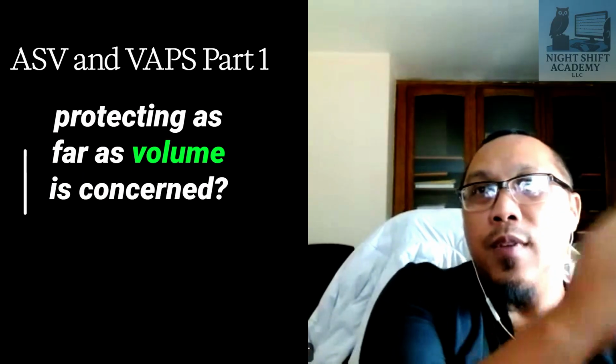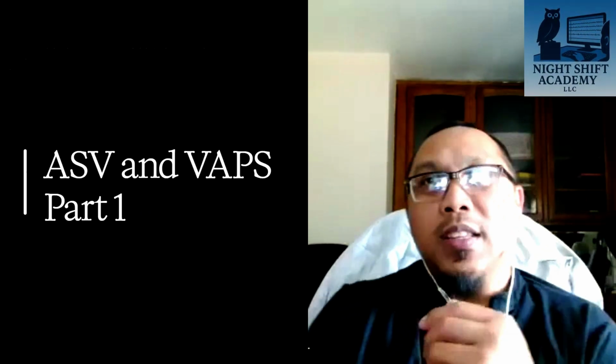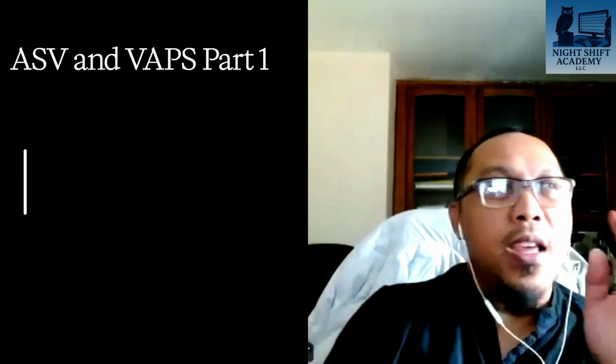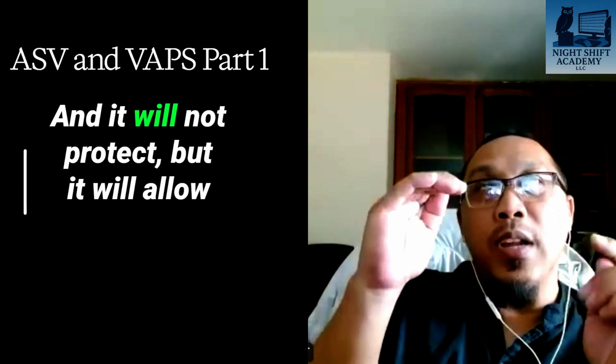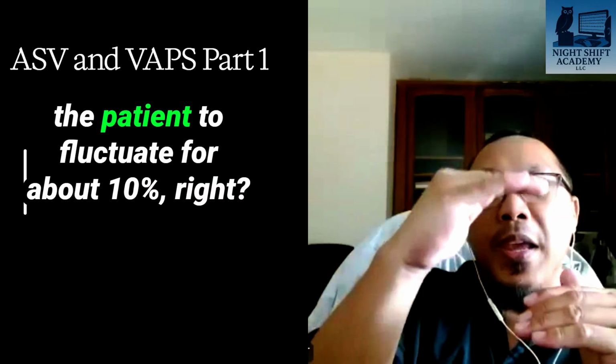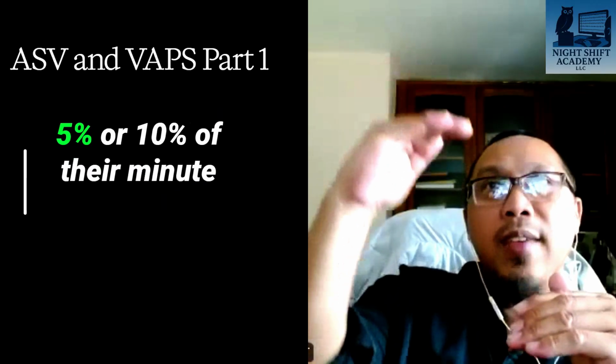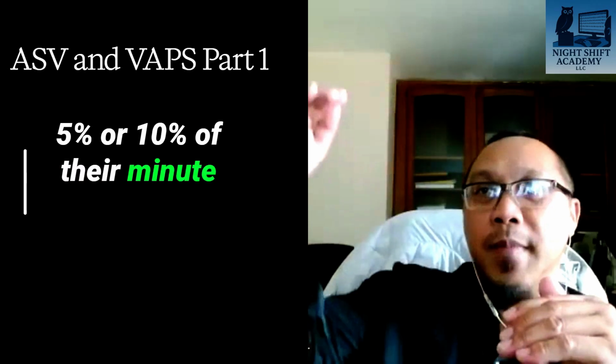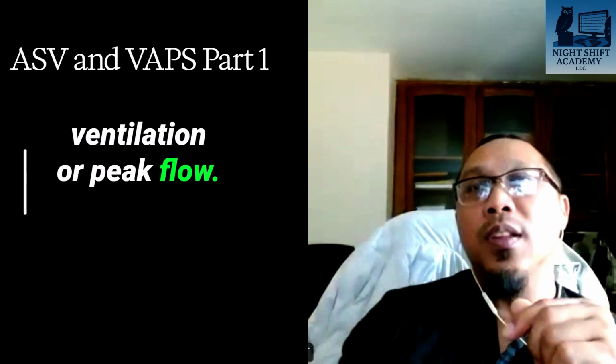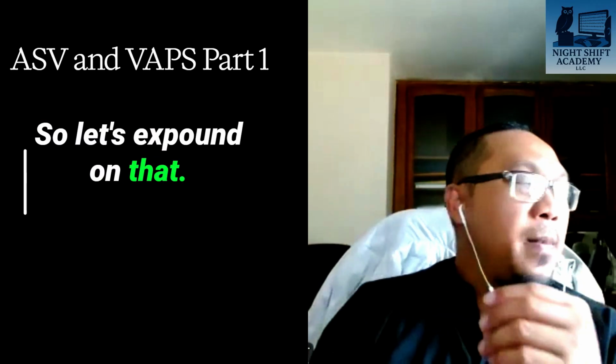Nothing. What ASV does is study the patient's breathing pattern, and it will not protect, but it will allow the patient to fluctuate about 5 or 10% of their minute ventilation or peak flow. So let's expound on that.